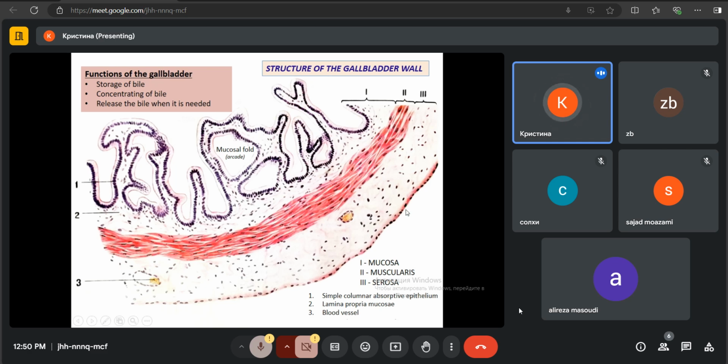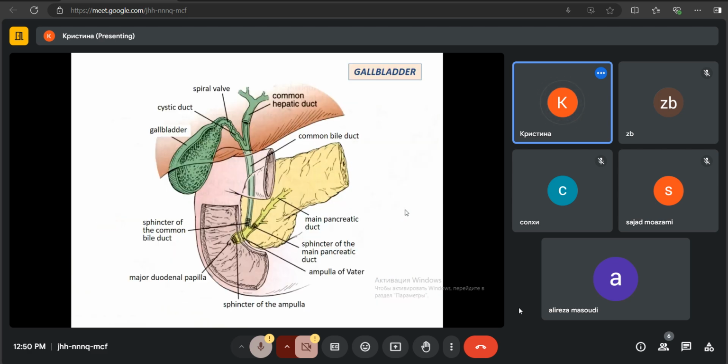Serosa covers the gallbladder in those areas which face the abdominal cavity. Here, this surface will be covered with mesothelium, and this surface which faces the surface of the liver, because the gallbladder is located just below the liver, will be covered with adventitia.